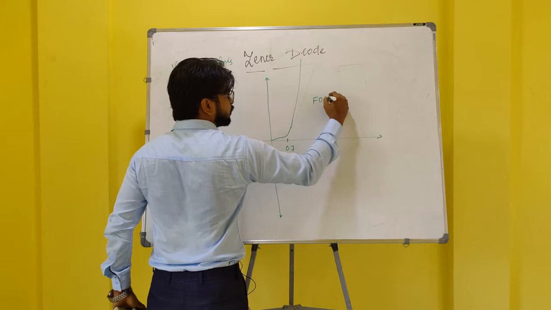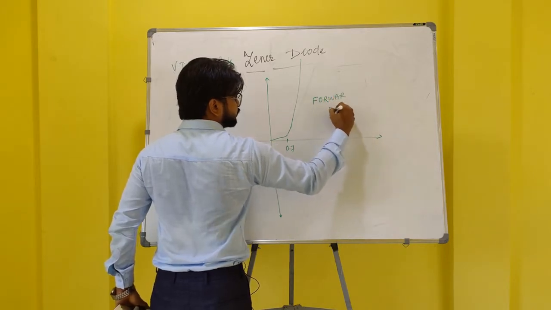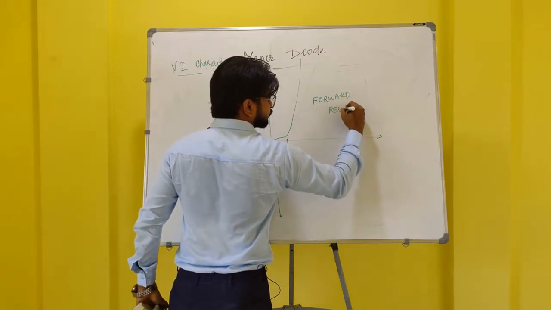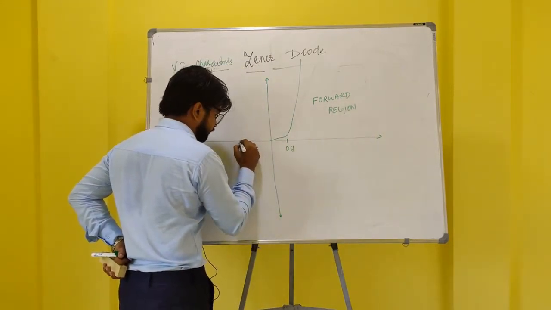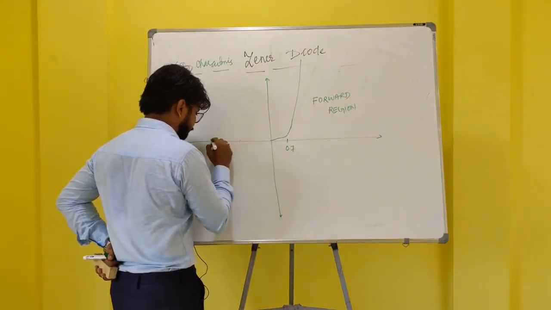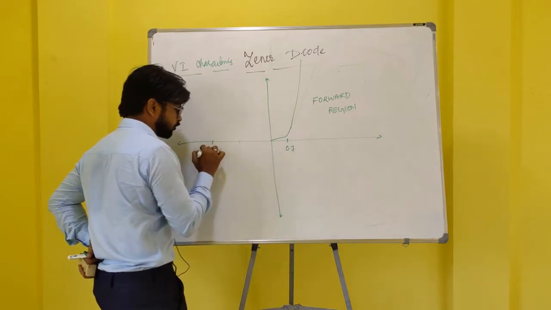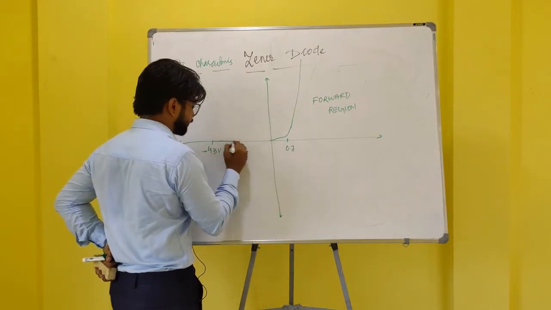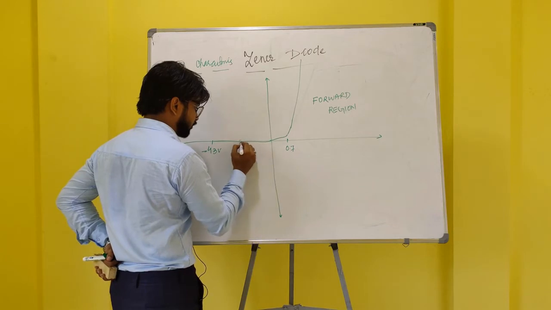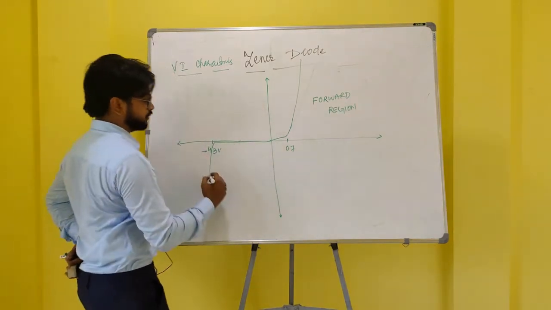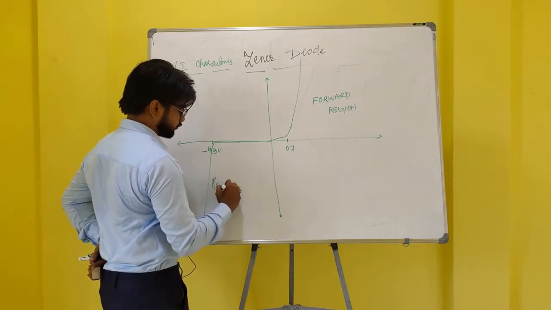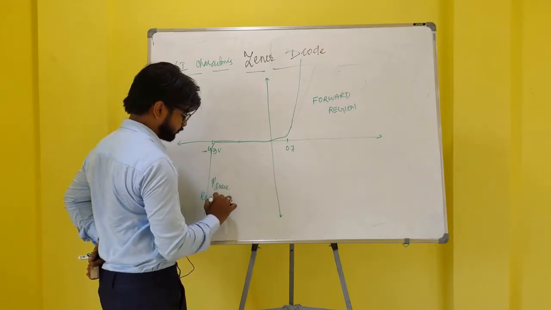This is the forward region. But in reverse bias condition, this is minus 4.3 volts, because it is in the reverse direction. So it starts conducting from 4.3 volts. This is the reverse region.